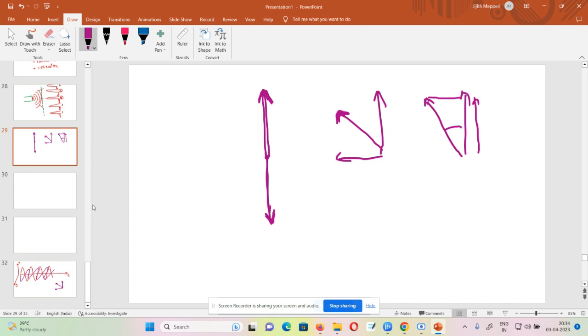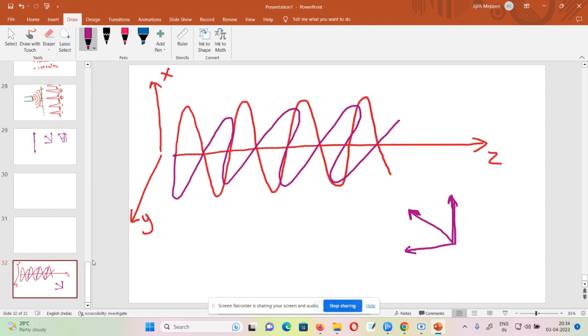If you put the two polarized beams in a perpendicular manner, based on this orientation, it can either produce a plane polarized beam at a different polarization, or if it is 90 degrees out of phase, it can produce a circularly polarized beam, but it cannot make your first beam zero or first beam maximum.